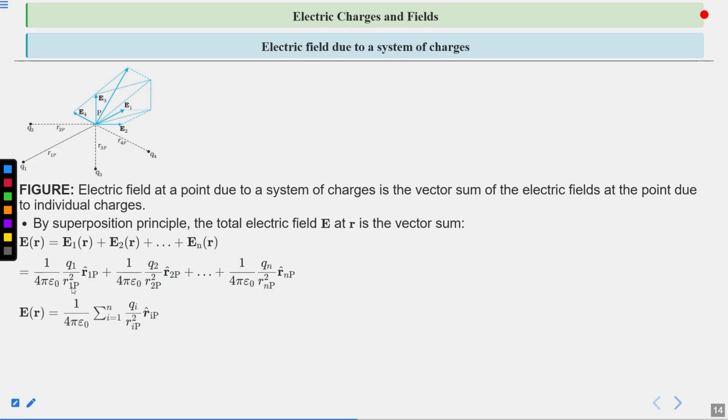So E of R in the form of summation, the net electric field at point P due to a system of multiple charges, will be 1 upon 4 pi epsilon naught, summation i equal to 1 to n, Qi divided by r squared ip, r cap ip. If we put i equal to 1, 2, 3 and 4, you will get the same terms again. So this is just a mathematical form to represent it simply.